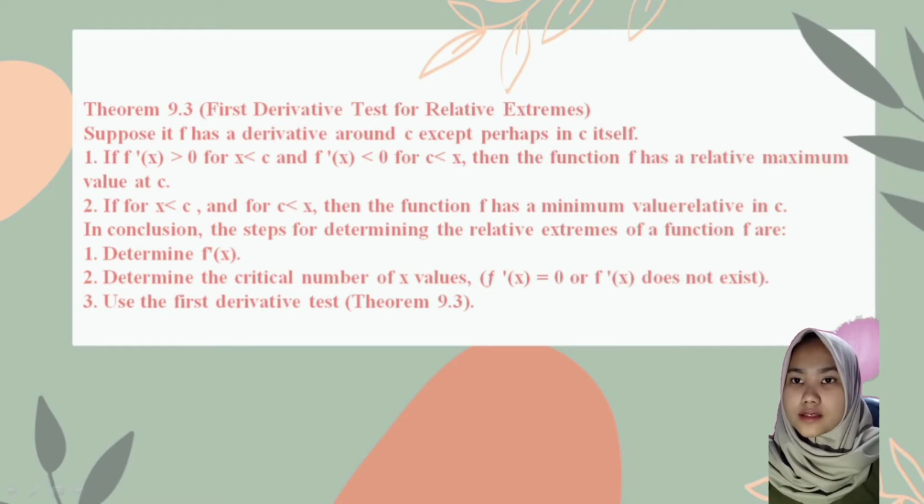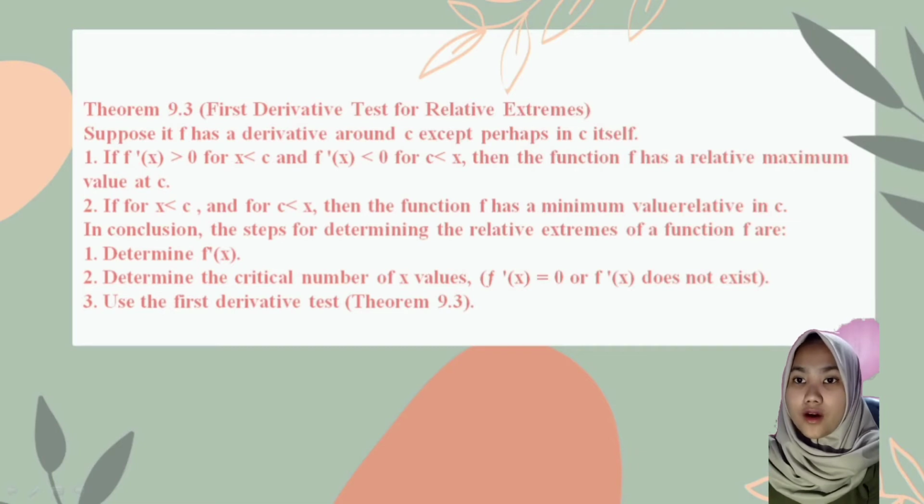If f'(x) is bigger than 0 for x smaller than c, and f'(x) is smaller than 0 for c smaller than x, then the function f has a relative maximum value at c.